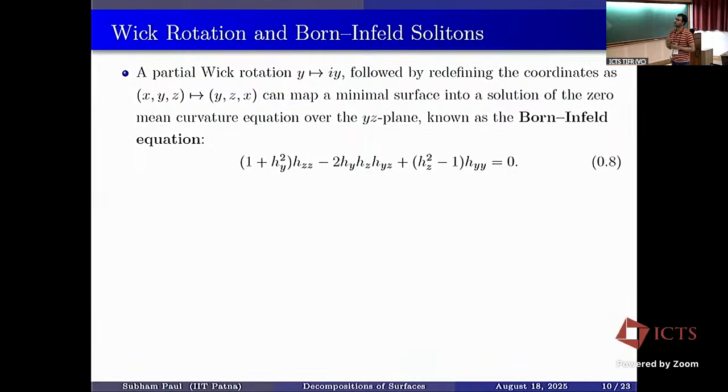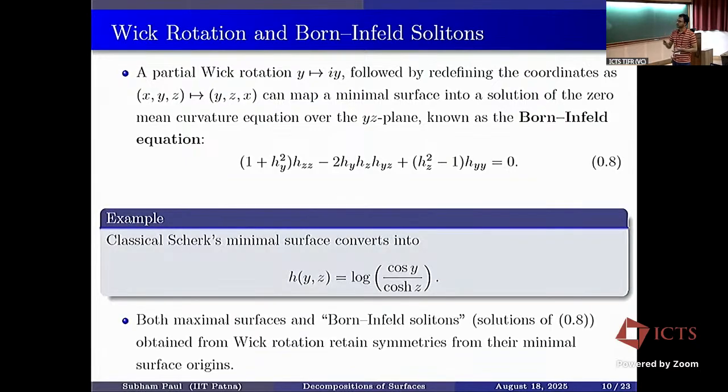Again, if we Wick rotate the variable y to iy and redefine the coordinates from xyz to yzx, then one can map a minimal surface into a solution of a Born-Infeld equation. The Born-Infeld equation is represented here by 0.8, and this is the zero mean curvature equation over the time-like yz plane in Lorentz-Minkowski space.